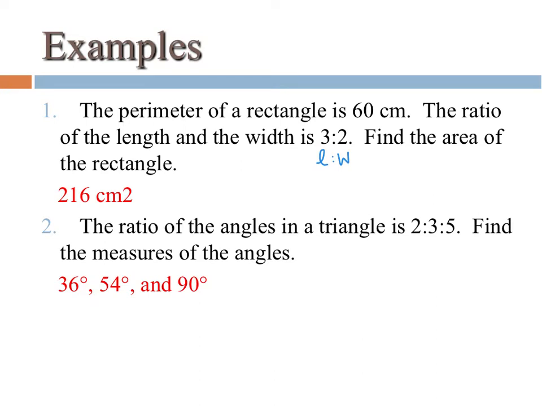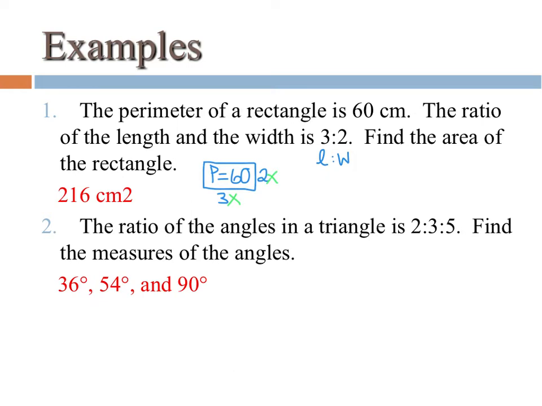So the way I like to do these problems, I like to draw myself a little rectangle, and I know here this is a 3 to 2 ratio. I know the perimeter is 60. So again, I know that the length isn't 3, the width isn't 2. They were reduced. What were they reduced by? I don't know. We're going to find out, and how I find out what that value is, it was x and x.